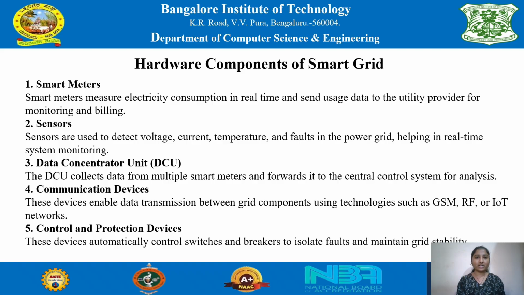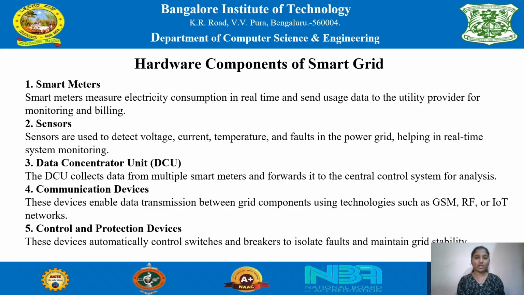Fourth is communication devices. Communication devices are used to transmit data between different grid components. Technologies such as GSM, RF and IoT networks are used to ensure fast and reliable data transfer. Finally, control and protection devices.